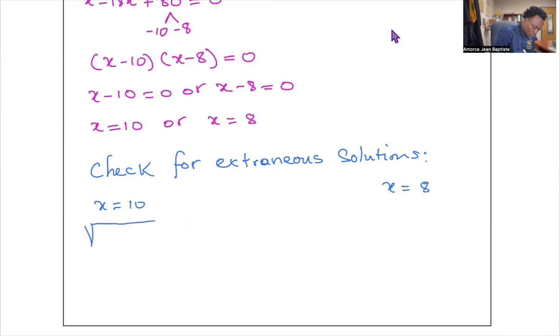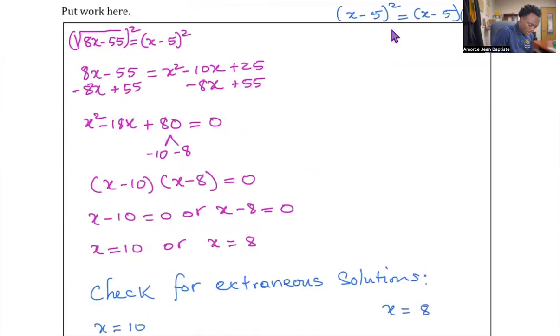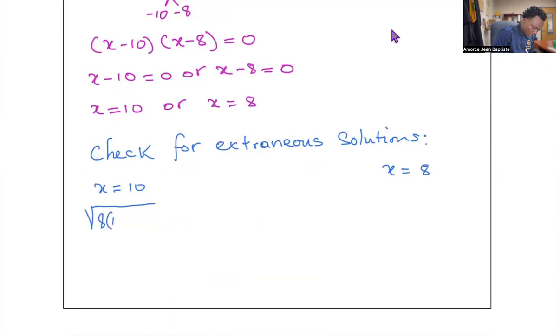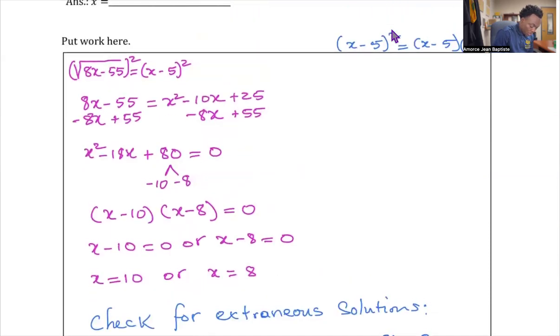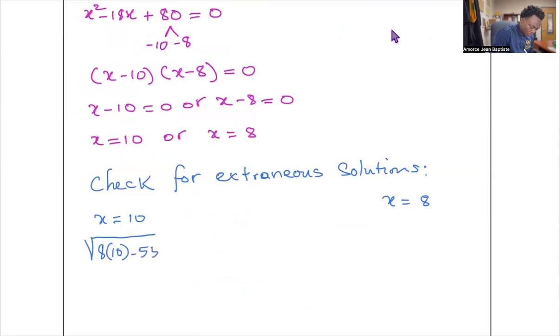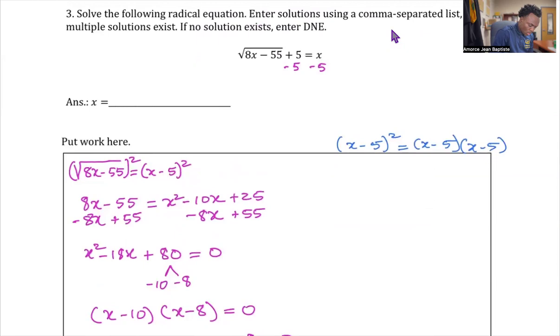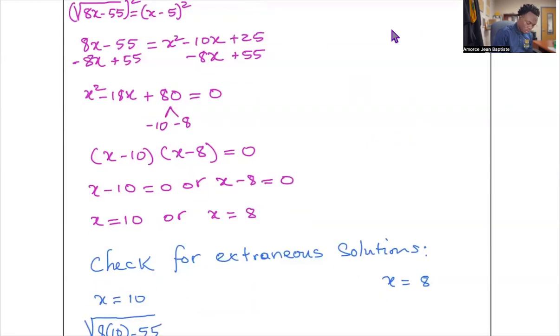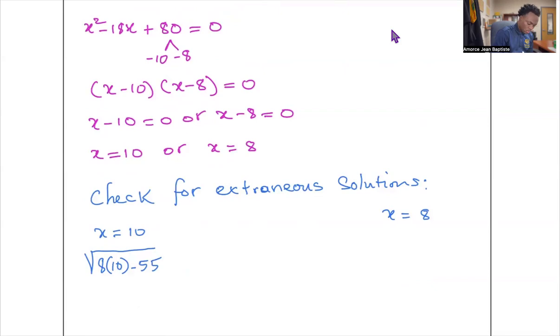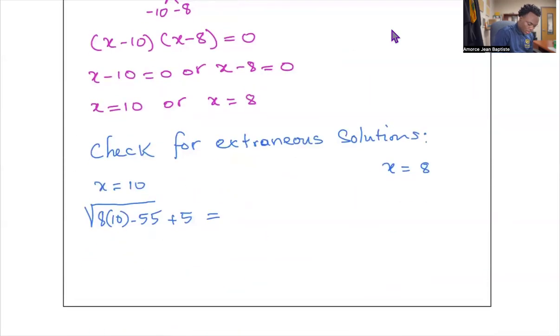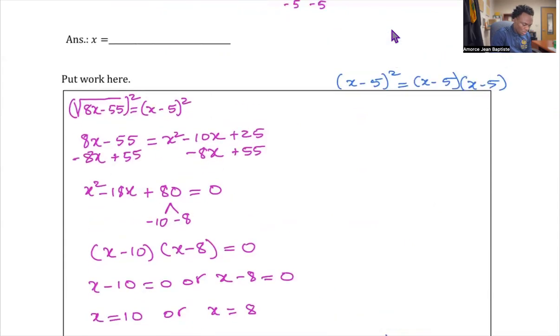We got square root of 8 times 10 plus 55 minus 55 plus 5 equals 10. This one would be square root of 8 times 8 minus 55 plus 5 equals 8. See?